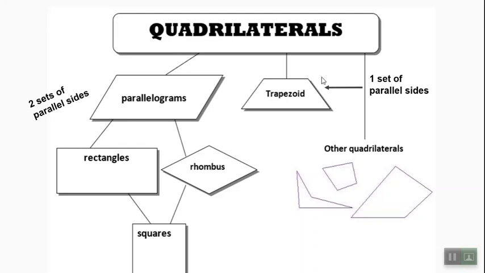The trapezoids only have one set of parallel sides, as do the other quadrilaterals. But I want you to think to yourself, why are these other quadrilaterals placed in a group together? Is it because they don't have parallel sides? I don't know.